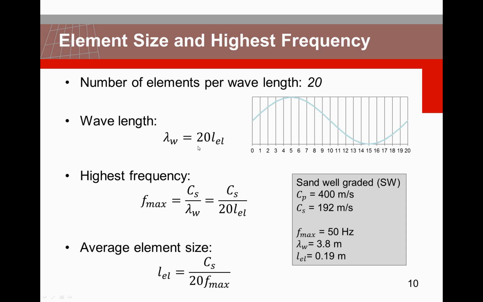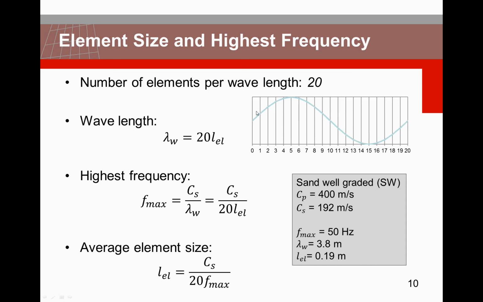But what you want to know is that for your shortest wavelength, you want to have enough elements to represent the shape of such a wave at a certain time correctly. Say, for instance, if you would have had only 2 elements, then you would probably have seen something around 0.7 here, and somewhere here minus 0.7, but you never could see it.